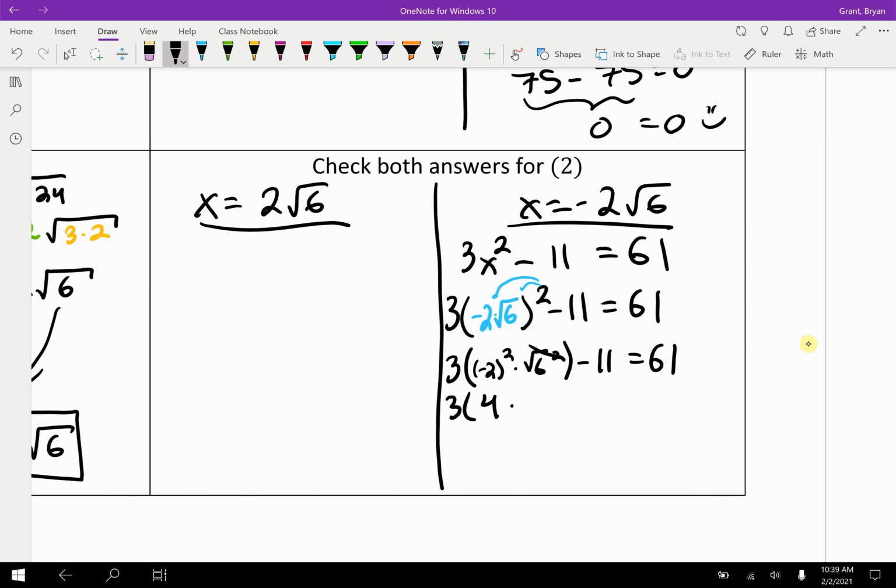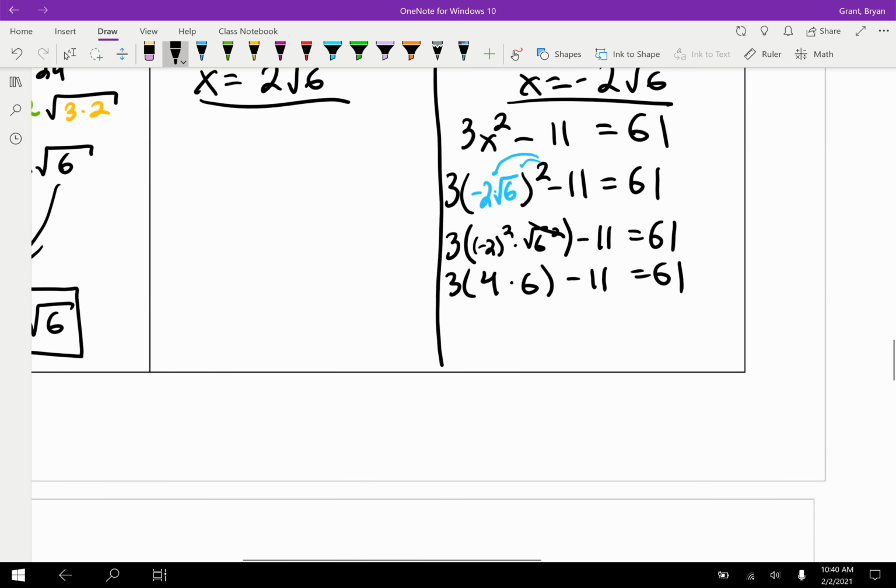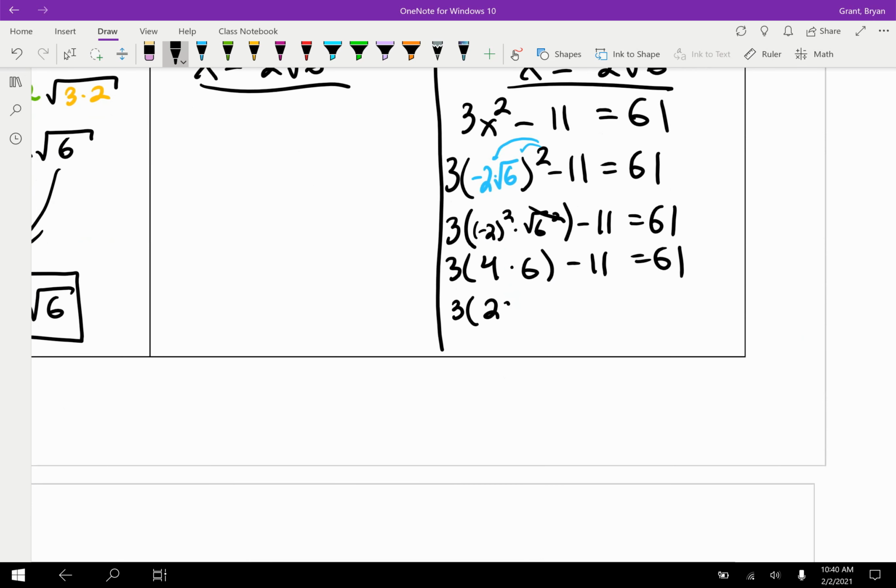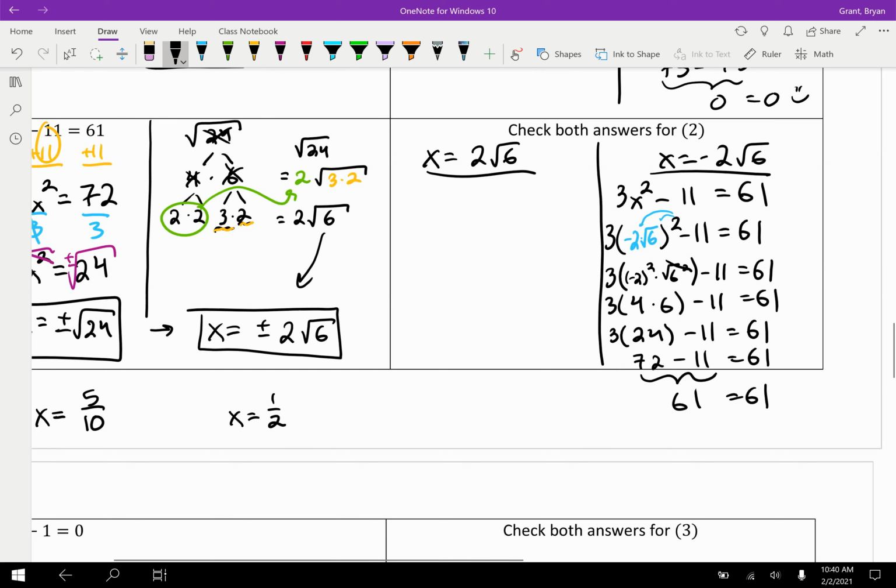Square root of 6 squared, those cancel, that's just 6. Simplifying further, 6 times 4 is 24. I'm going to have to go off the screen a bit, but hopefully it's not terrible. 3 times 24, 3 times 4 is 12. 3 times 2 is 6, but carry the 1 is 7. And 72 minus 11 is 61. Always important to check your work.